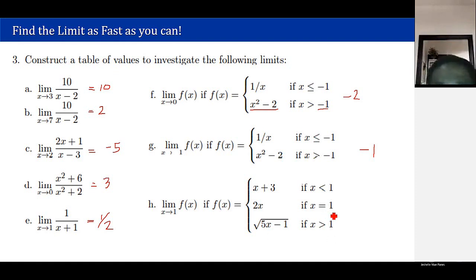Kung ang x equals 1 kasi, that means dito tayo titingin. So that means 2. Ito ba ay pareho dito? Or dito? Of course. Sa left ng 1, ay papunta siya doon sa 4. Kasi by direct substitution, doon siya sa 4. 0.999 plus 3, that is 3.999. Or approximately, papunta sa 4.